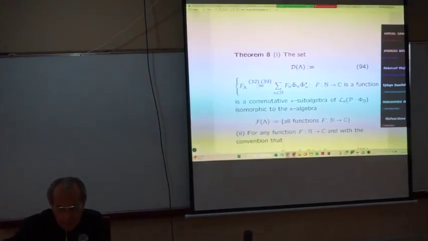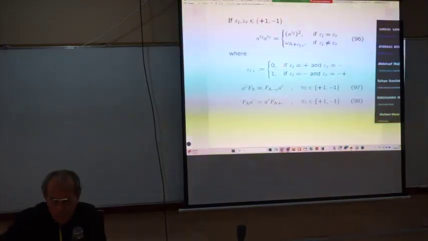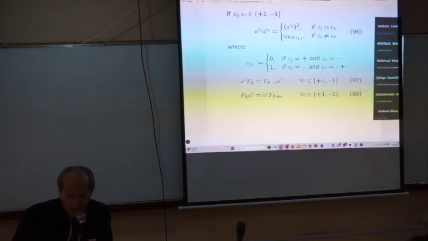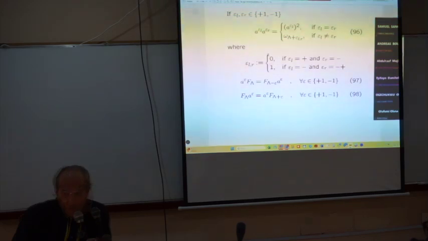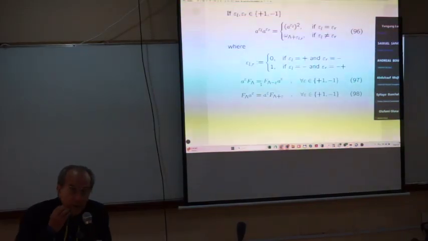Once we have this, we have the first example of multiplication theory. Remember, A plus is the creator, A minus is the annihilator, A0 is the preservator.